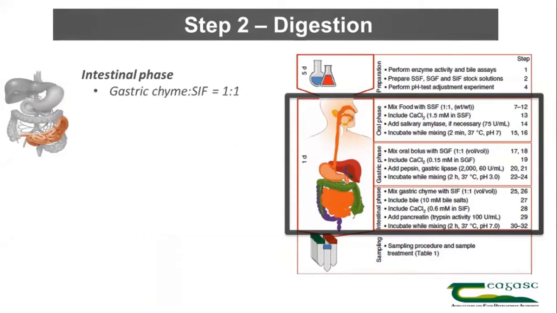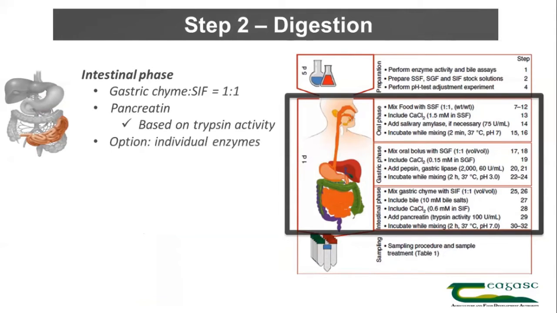The intestinal phase. Again, we take the gastric chyme and mix it 1:1 with an electrolyte or with a simulated intestinal fluid. We recommend pancreatin, so that's an enzyme cocktail, and we base the amount of pancreatin on the activity of the trypsin, which we specify right over here.